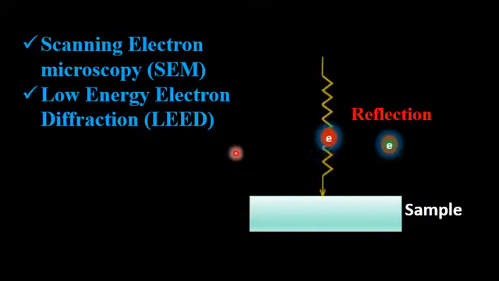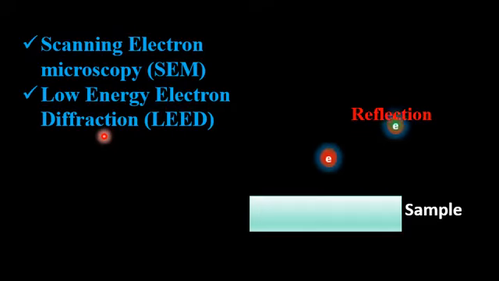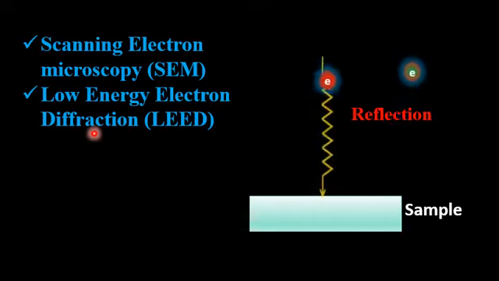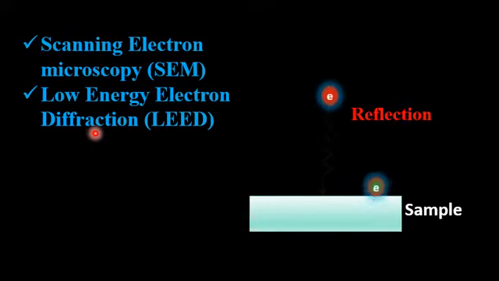So student, low energy electron diffraction is a very important technique which is used to get information usually about the structure of a single crystal. This technique is also based on the reflection of electrons from a specimen surface.